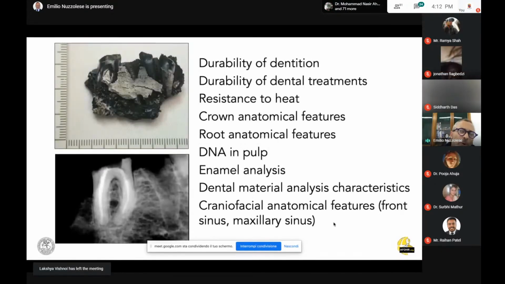Now, the dental identifiers. Why are dental identifiers so important within the human identification process? You can see here on the left a fragment of a burnt mandible which has been used to identify a person.